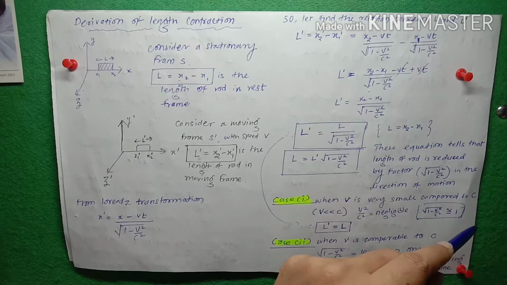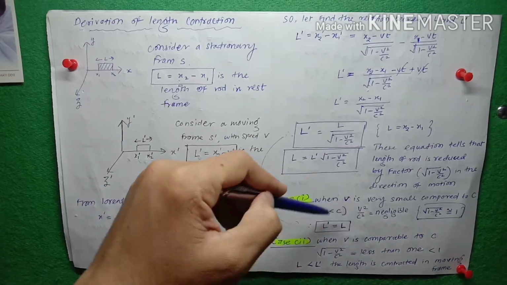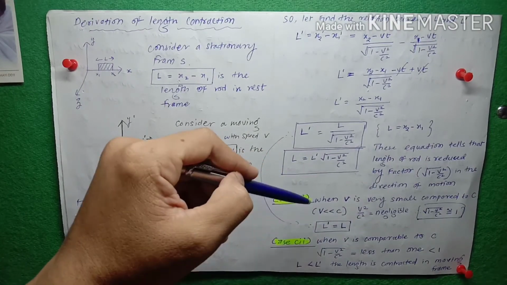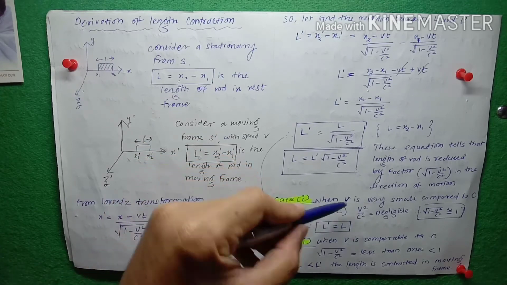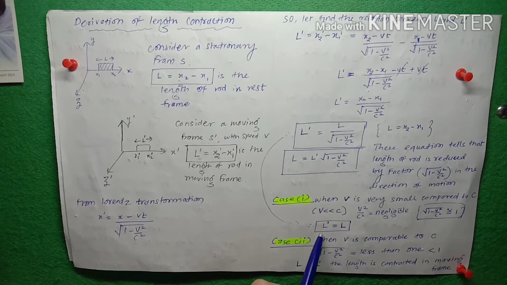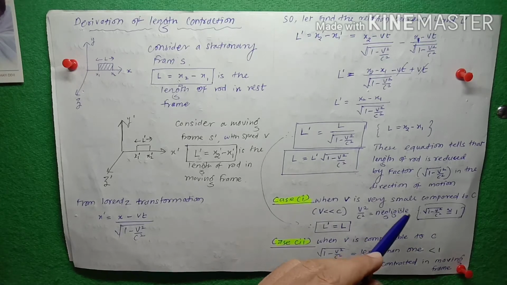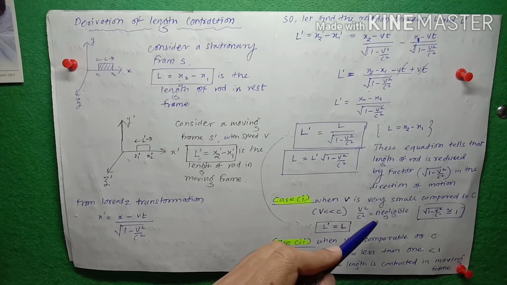So when you put this value 1 in this equation, it indicates that the length of the rod measured in the stationary frame is L and in the moving frame is L dash, and they are the same. This is what generally happens in our daily life, because all the motion we see around us is far less than the speed of light.